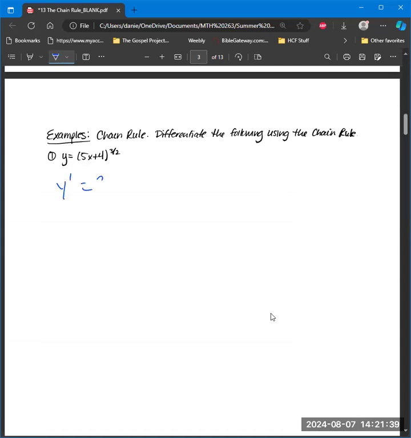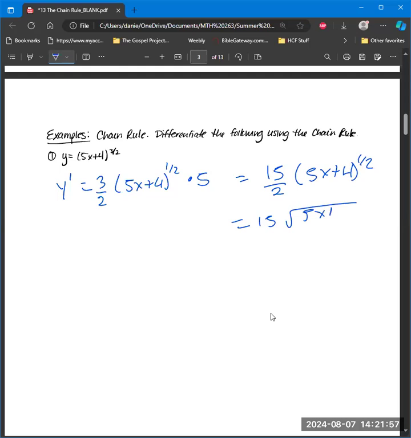Same thing here, derivative of the outer function, leaving the inner function alone, times derivative of the inner function. It's going to be 15 halves, 5x plus 4 to the 1/2. That'd be the same thing as 15 root 5x plus 4 over 2.